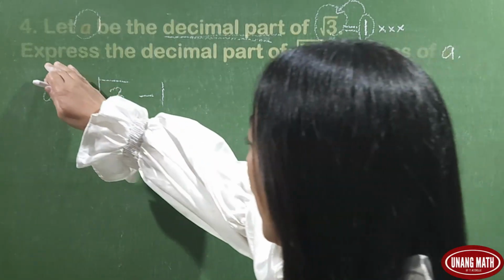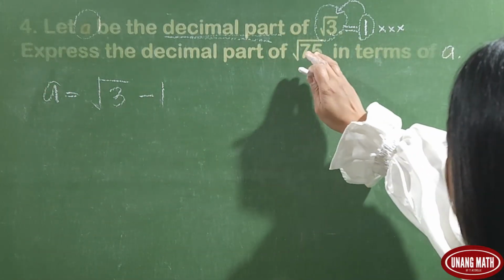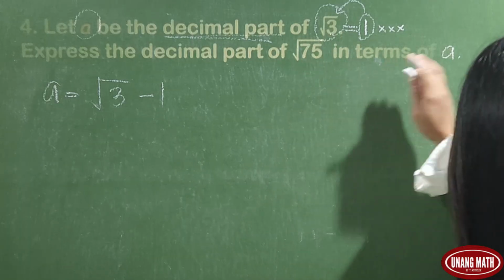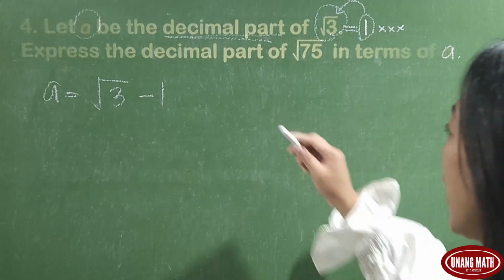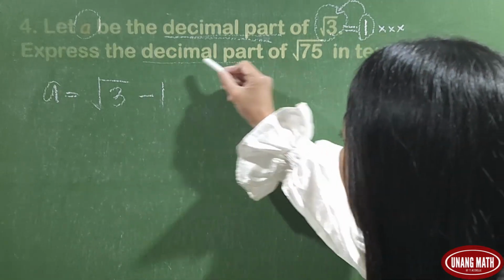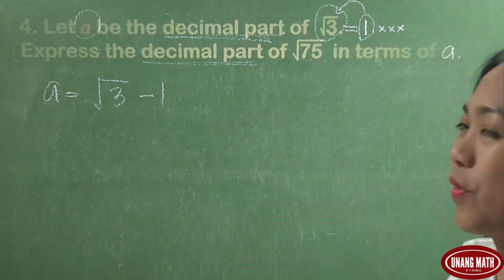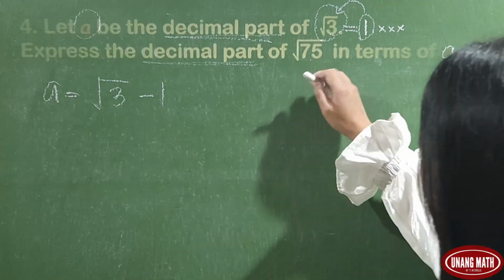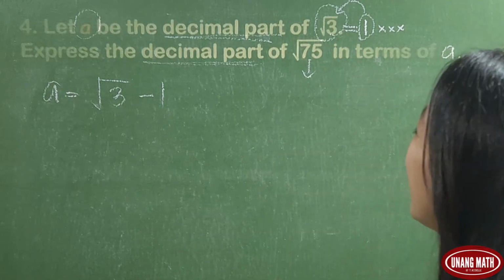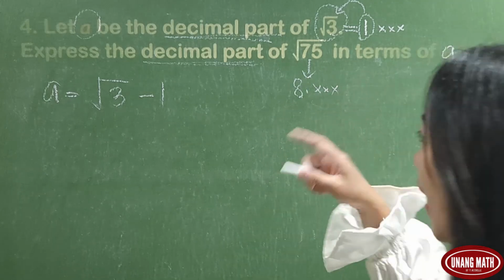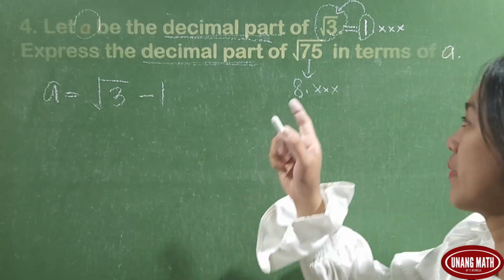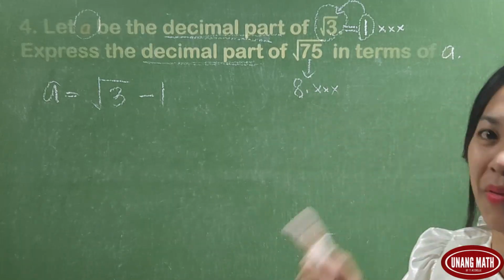Okay, now, express the decimal part of square root of 75 in terms of A. So what we need to do first is find out the decimal part of square root of 75. If it's square root of 75, then this is 8 point something. 8 times 8 is 64. 9 times 9 is already 81.